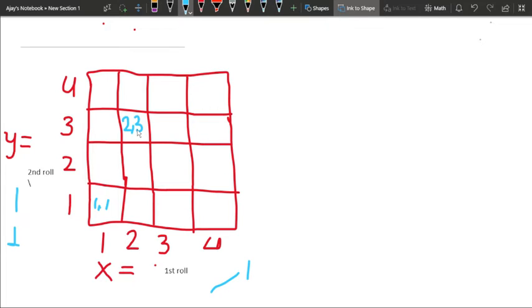If the first roll is a 3 and the next one is a 2, then this particular outcome occurs.